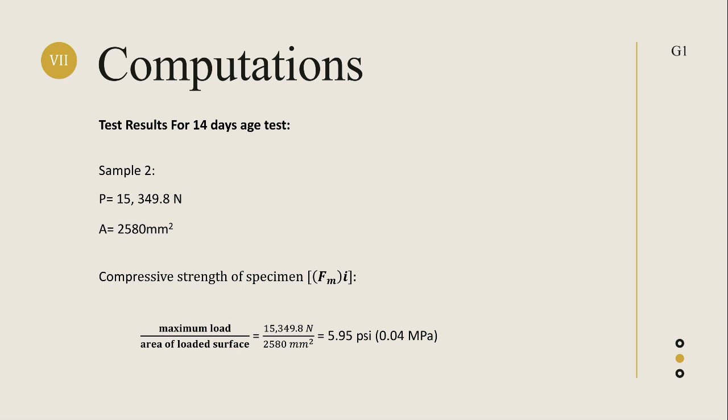In sample 2, 15,349.8 over 2,580 square millimeter, we get the value of 5.95 psi. And for sample 3, 14,968.5 newtons over 2,580 square millimeter, we get the value of 5.80 psi.